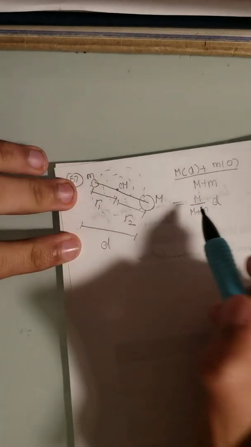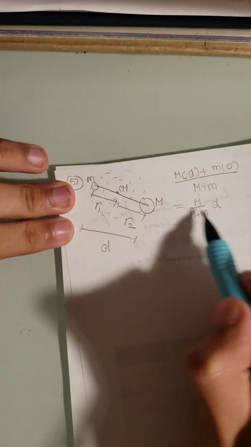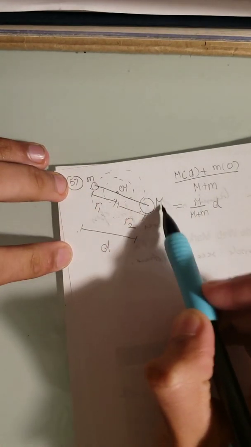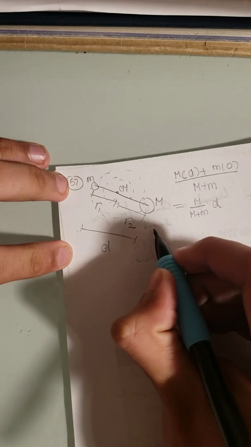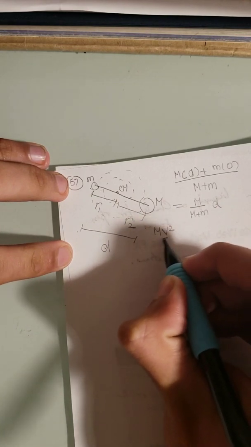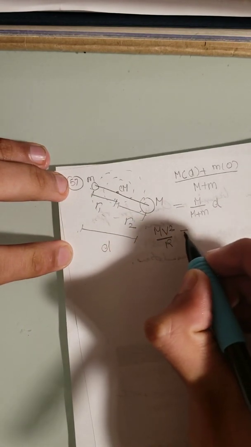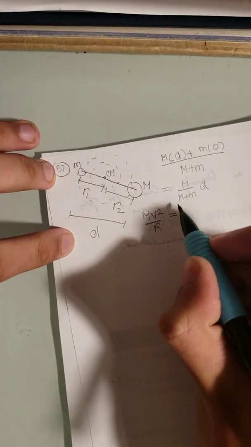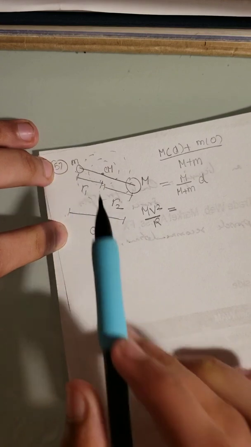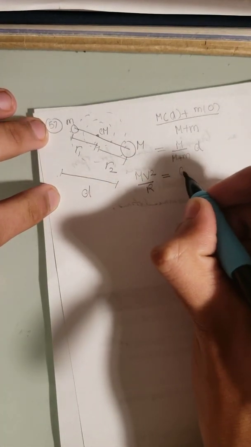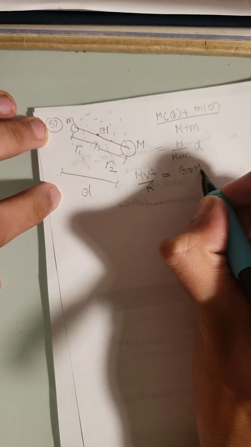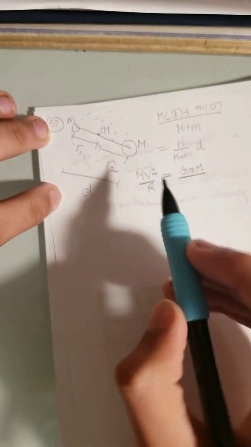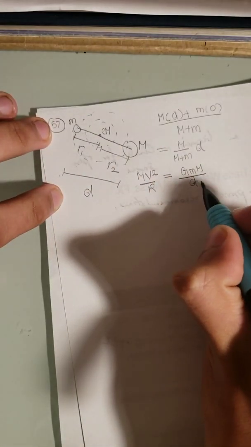Now we'll set up the expression for the centripetal force acting on this big block M. So M v squared over r is equal to the gravitational force that's acting between them, which is G small m capital M divided by the distance between them squared, so d squared.